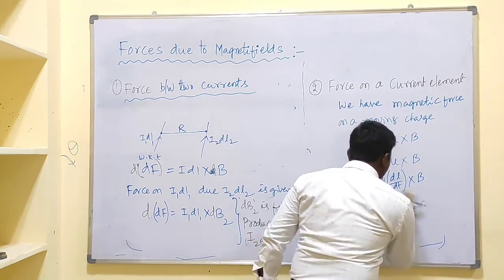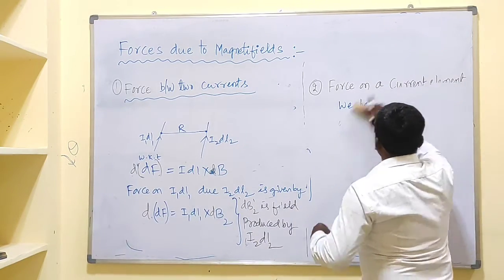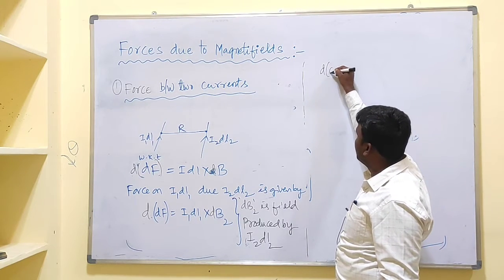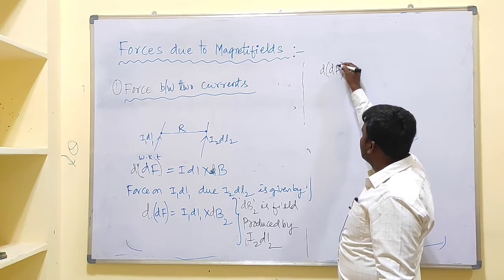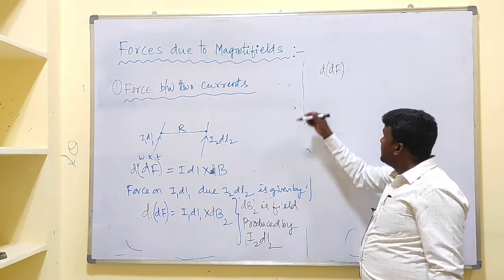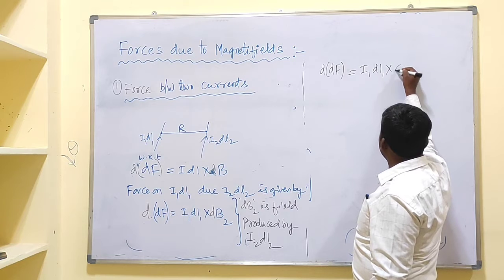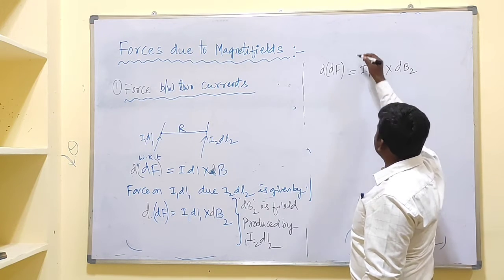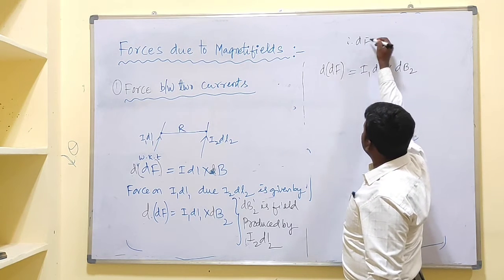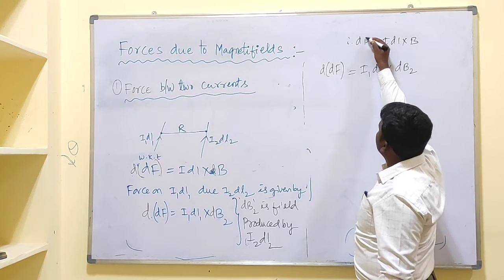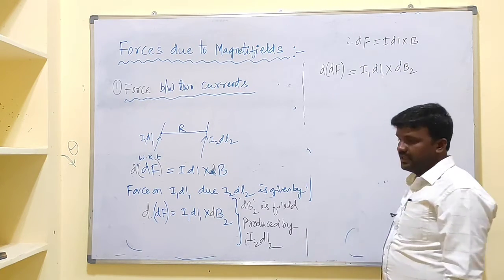Now let us simplify that. If you have any doubt in this case, please contact. Very simple: if it is dF, then dF equals I dl cross B; if it is d of dF, it is I dl cross dB.